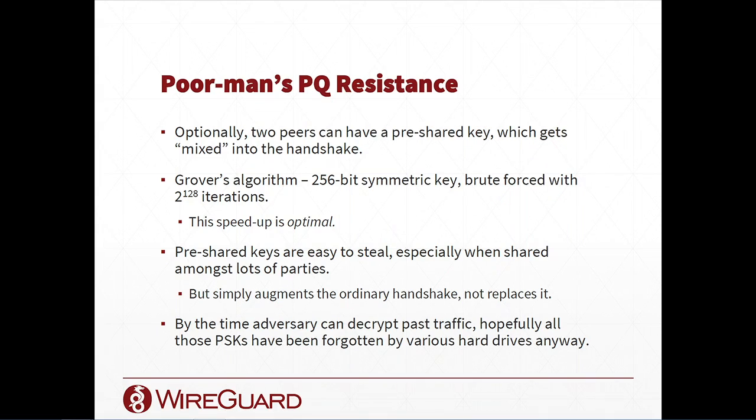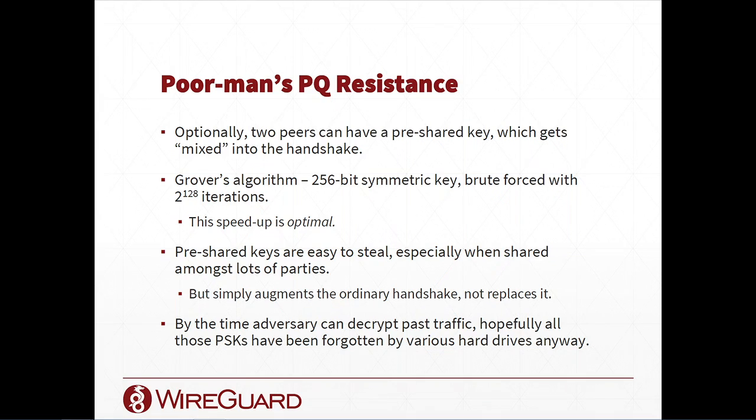There's also poor man's post-quantum resistance. There are a lot of nice post-quantum things out there, but they're new, and we're trying to be conservative, so we don't use them. Instead, there's optionally the ability to add a pre-shared symmetric key.